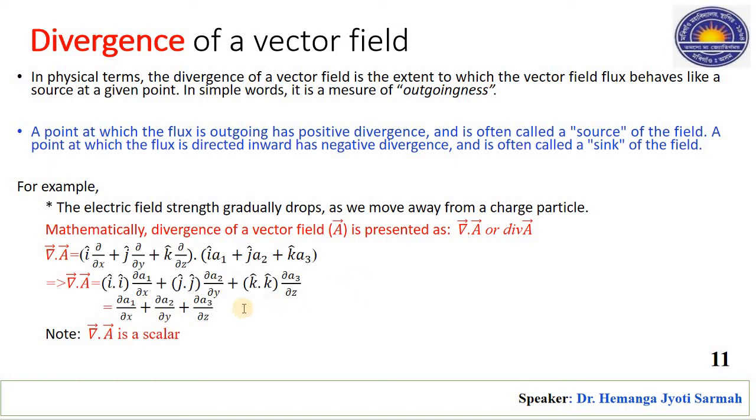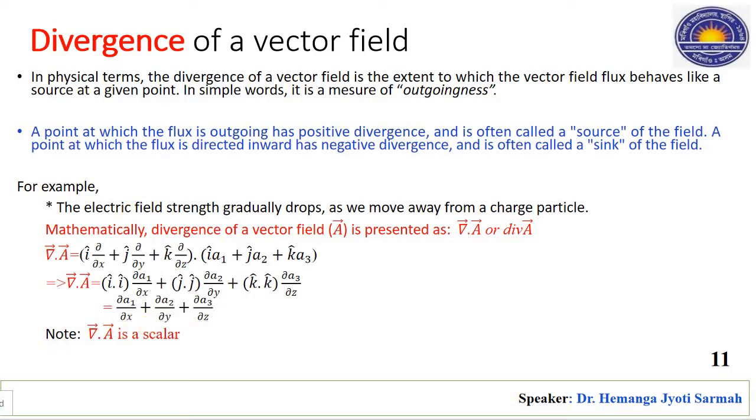This is a scalar quantity, the dot product between del and vector A; that is, the divergence of any vector field gives a scalar. If this scalar value is positive, then we will have a source field, and if it's negative, then we will have a sink field.